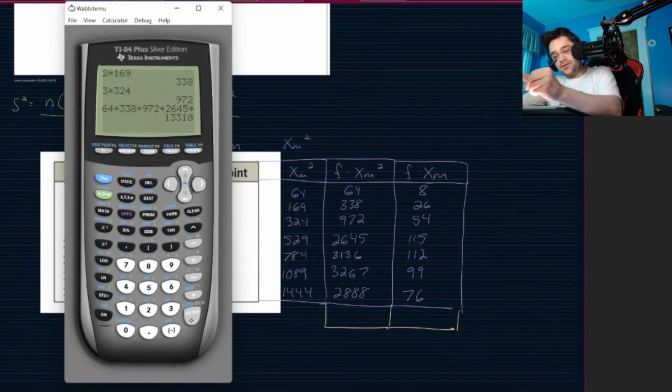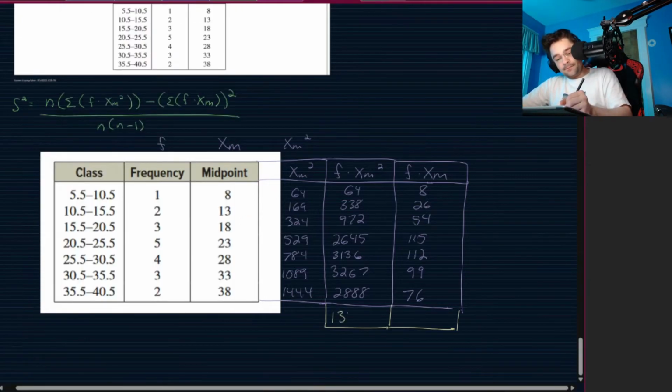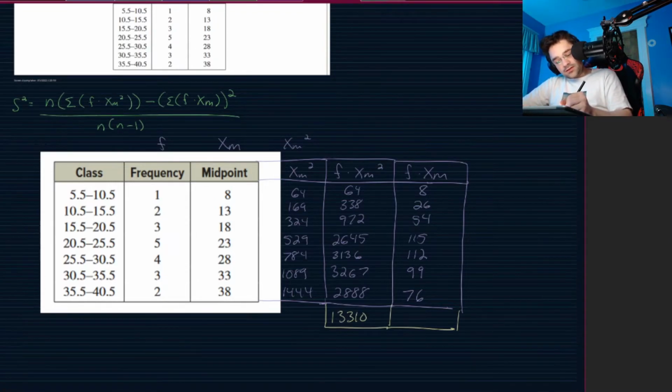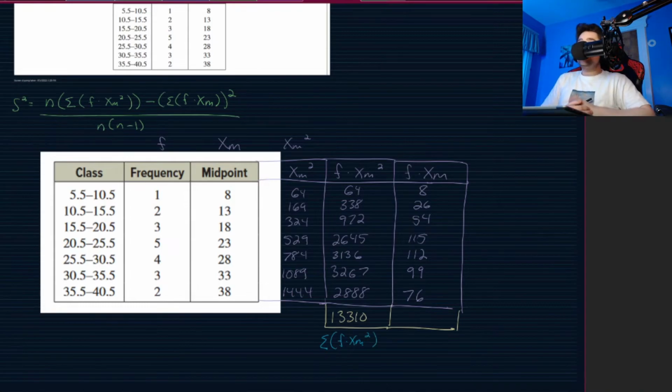Okay, so this sum is 13,310. Remember, this is referring to the sum of all the f times xm squareds, because every entry in this column was f times xm squared, and then we sum them all up.